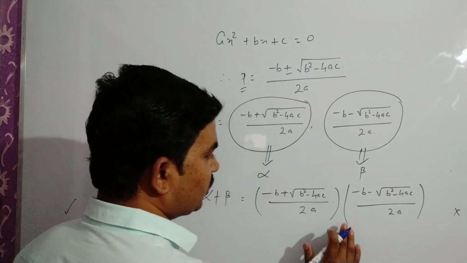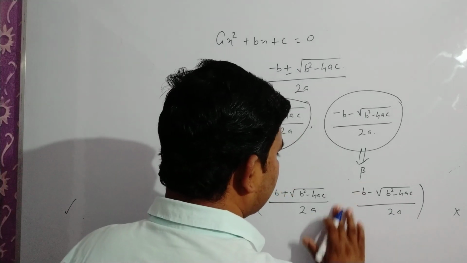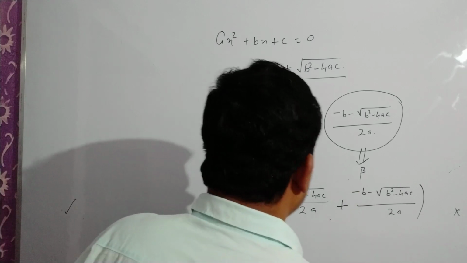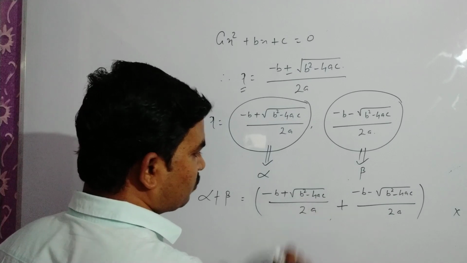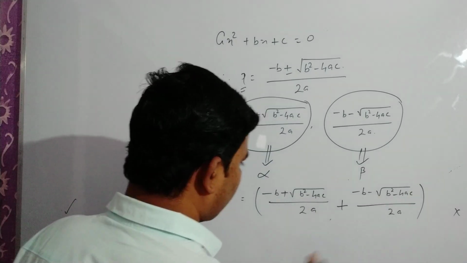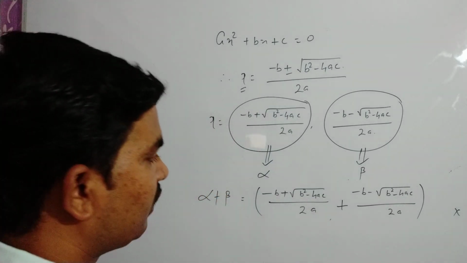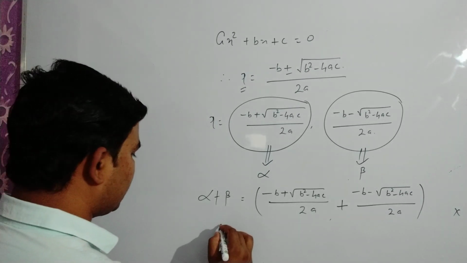Here the plus under root b square minus 4ac and minus under root b square minus 4ac will cancel out and you will get the result.